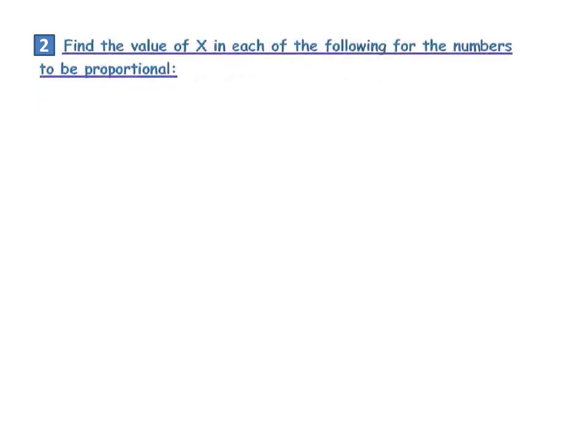Exercise number 2. Find the value of x in each of the following for the numbers to be proportional. He gives me quantities 9, 21, 3, and x. He talked about 4 quantities that are proportional, so we will use the property of cross multiplication, or the property of product of means equals product of extremes.